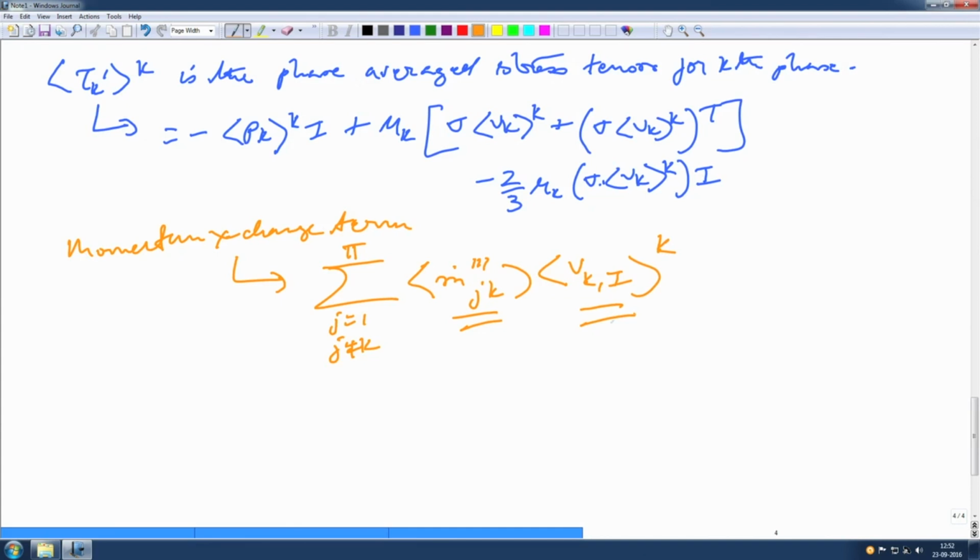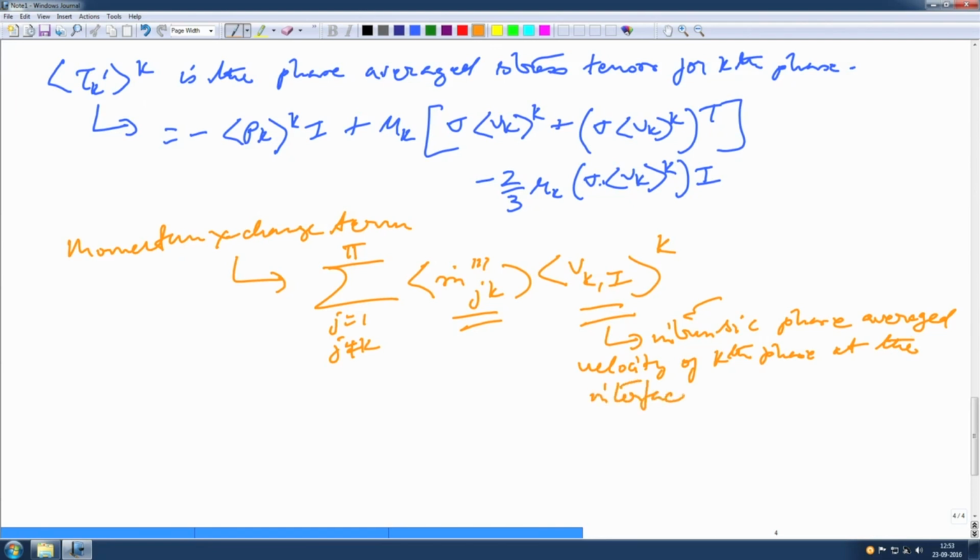This is the intrinsic phase averaged velocity of the kth phase at the interface. Similarly, we know what this term will be.